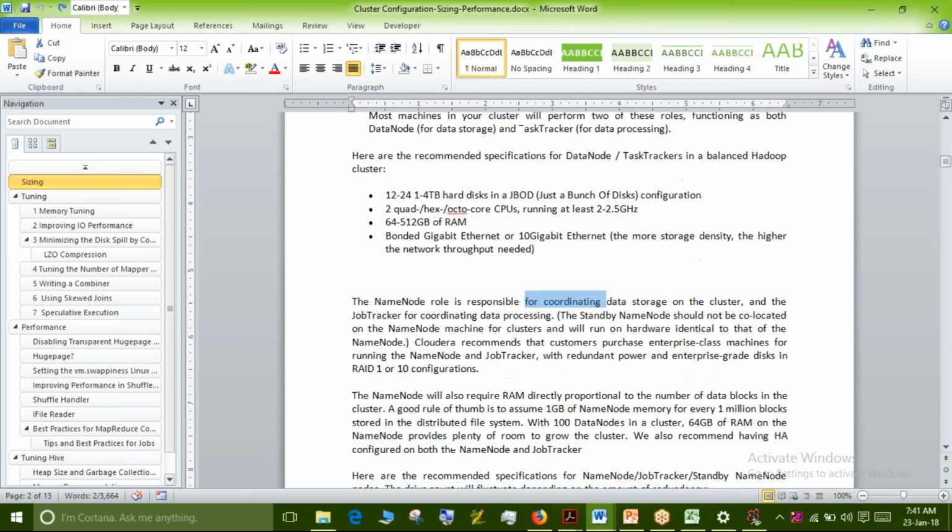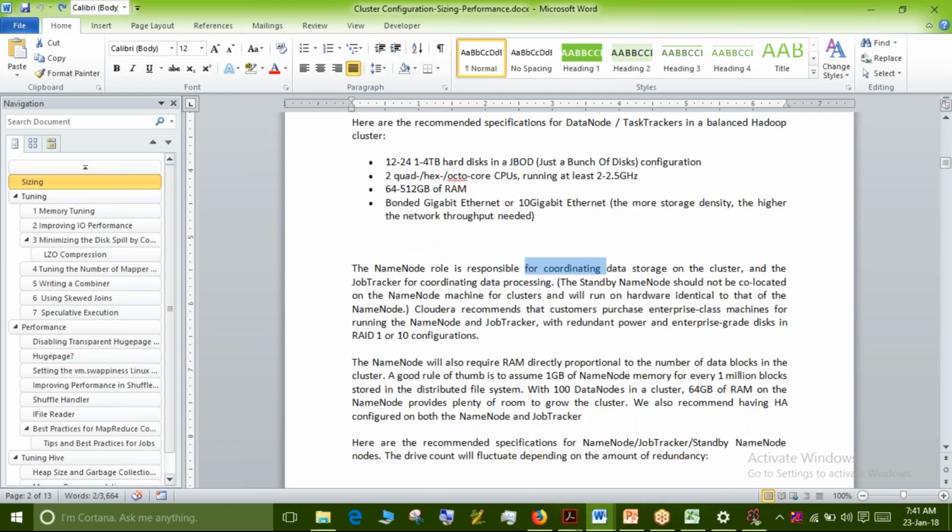And you also see the name node will also require RAM directly proportional to the number of data blocks in the cluster. A good rule of thumb is to assume 1 GB of name node memory for every 1 million blocks stored in the distributed file system.